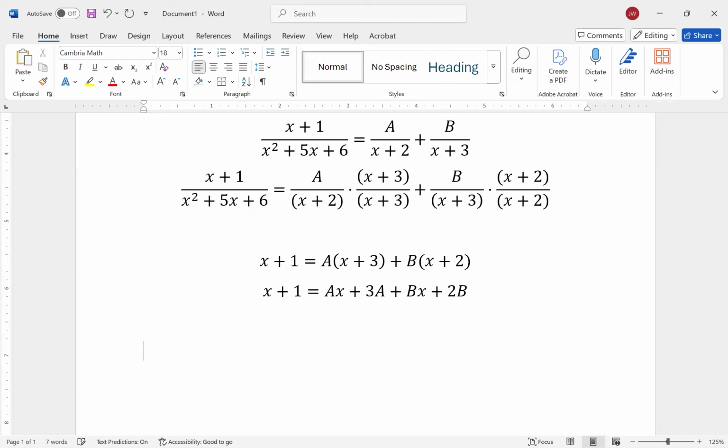Now, this actually gives me two different properties with the A and the B. So we're going to create two equations. The first equation is the one that gives me the coefficient of x's.